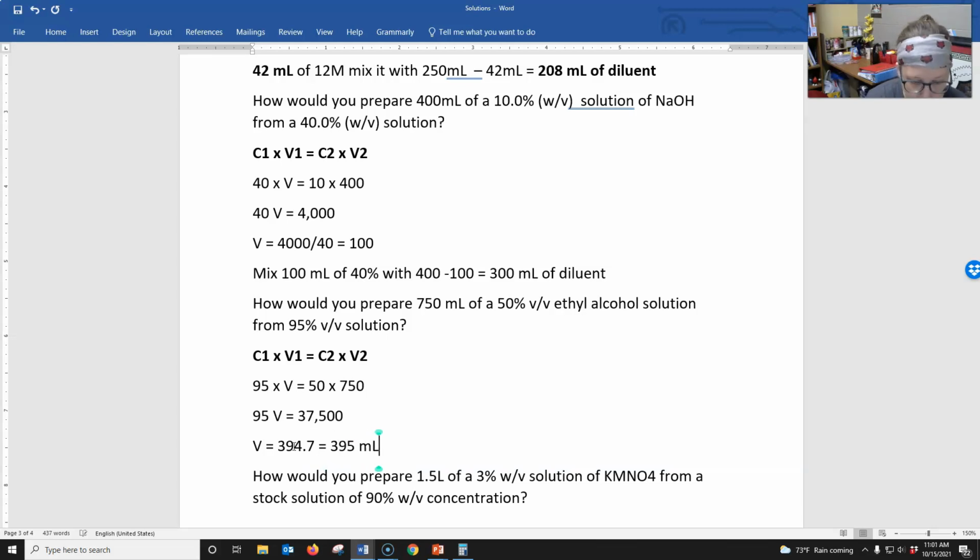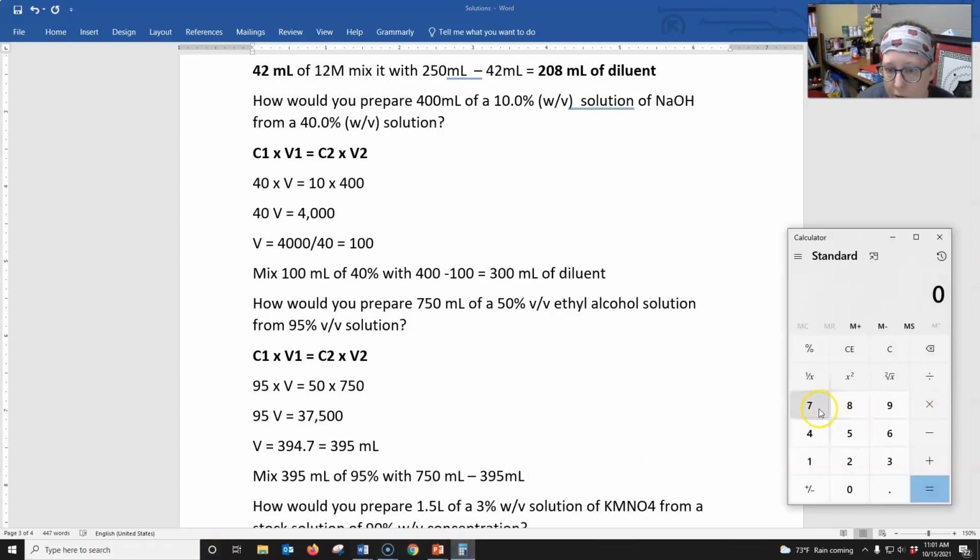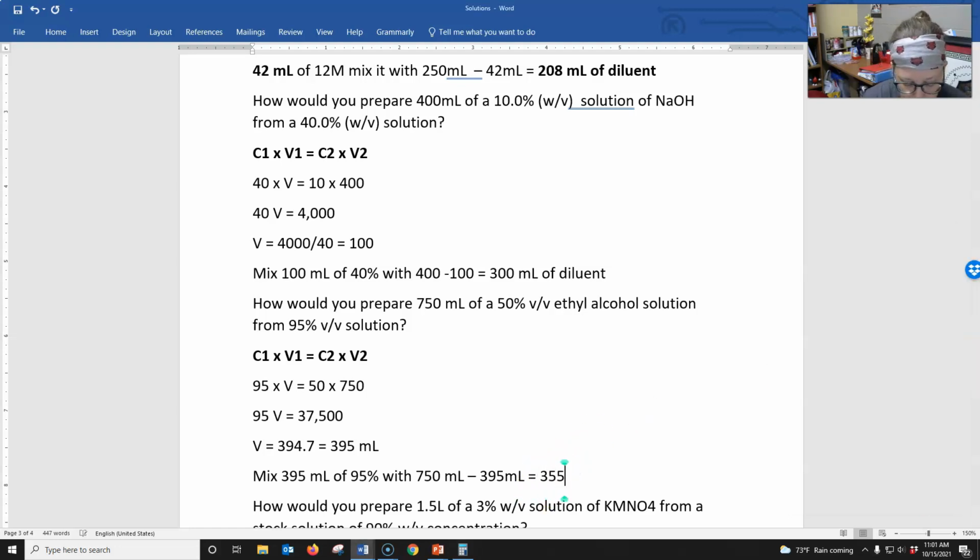So you could say 395 mils, so you would mix 395 mils of your 95% alcohol solution with, and then you wanted 750 mils total minus the 395 that you're mixing, so 750 minus 395 is 355, and so 355 milliliters of diluent.